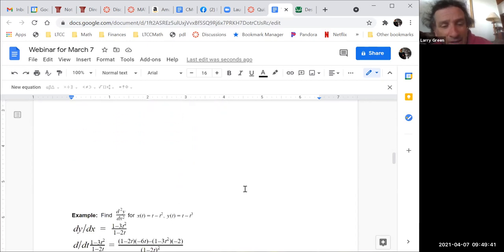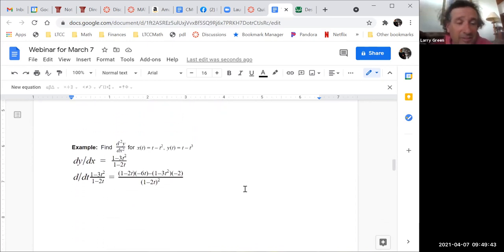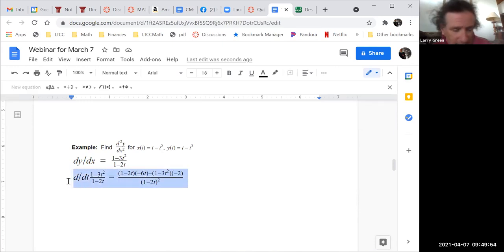Which is not hard. So that just means you're going to have another 1 minus 2t on the bottom. So I'm going to do the following.